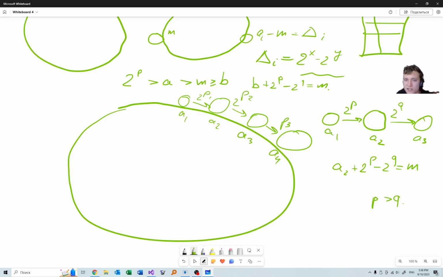And also there is some sort of 2 to the r, and a1 minus 2 to the p plus 2 to the q. I want it that a1 minus 2 to the p is at least a2 minus 1. Is it possible to prove?